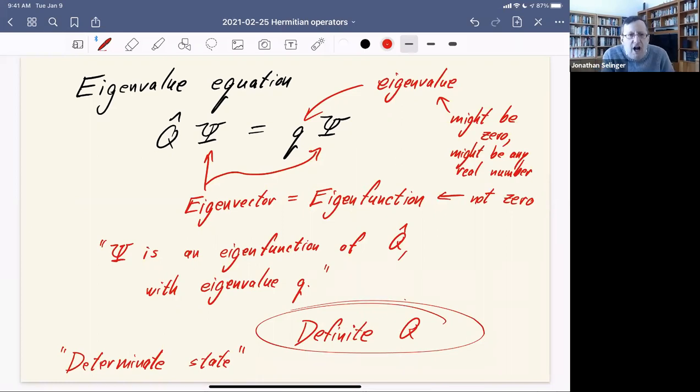Quantum mechanics uses it a lot, right? So for quantum mechanics, we use this concept a lot. I'm just introducing it now, but we should talk about that in general.